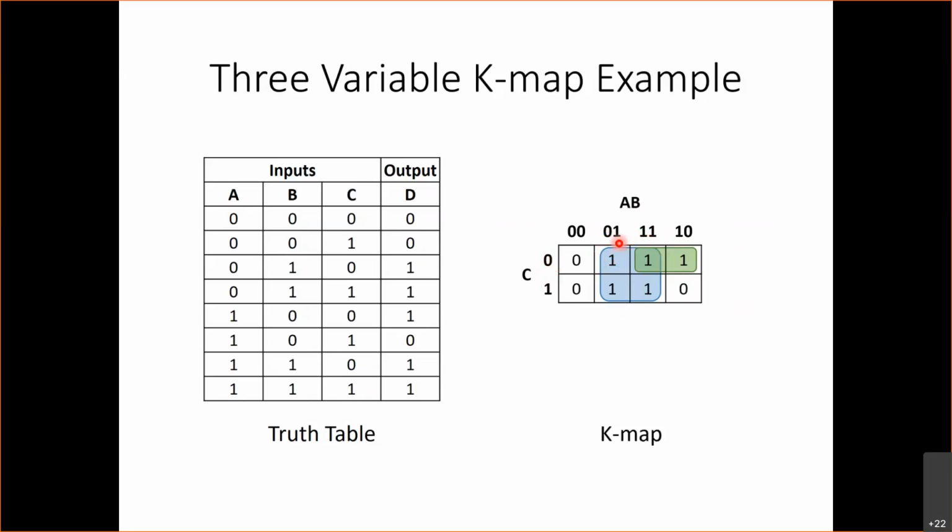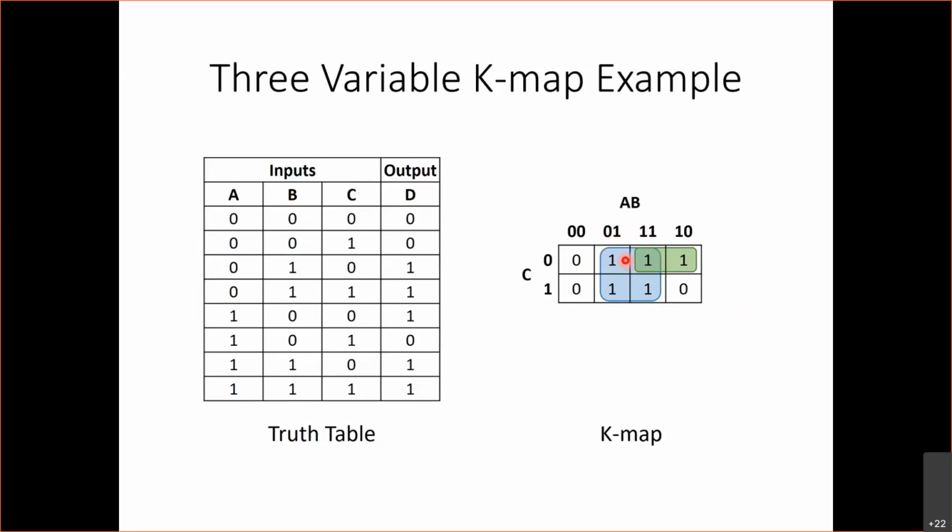It only matters that B is 1. So this blue rectangle tells us that whenever B is 1, regardless of what C is and regardless of what A is, the output D will be 1. Okay, so whoever answered that was close.